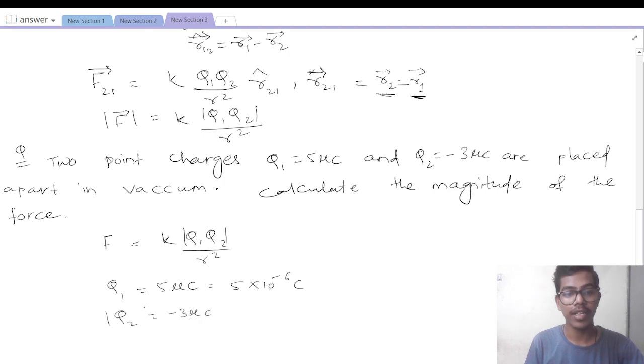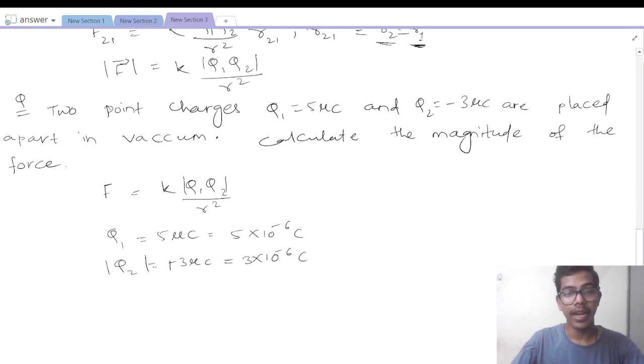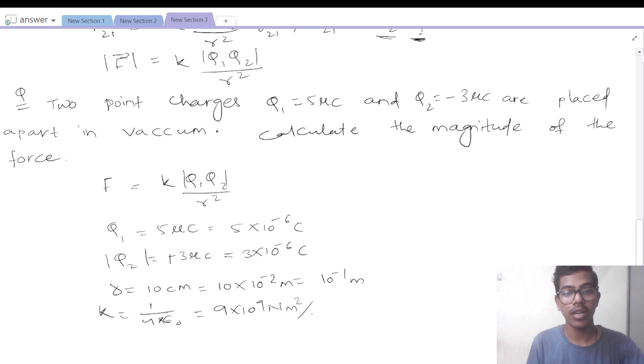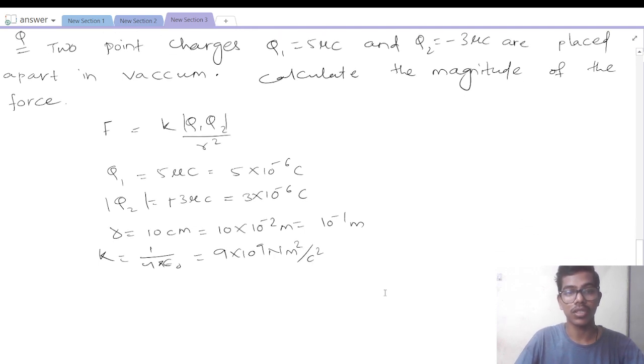If we are taking the magnitude, then it will be plus, and it is 3 into 10 to the power minus 6 coulomb, and its separation distance R is equal to 10 centimeter, which is equal to 10 into 10 to the power minus 2 meter, which is equal to 10 to the power minus 1 meter. And here K is equal to 1 by 4 pi epsilon naught, and its value is 9 into 10 to the power 9 Newton meter square per coulomb square.